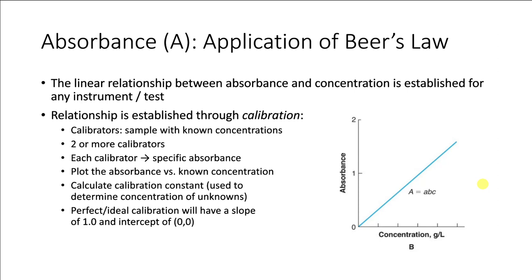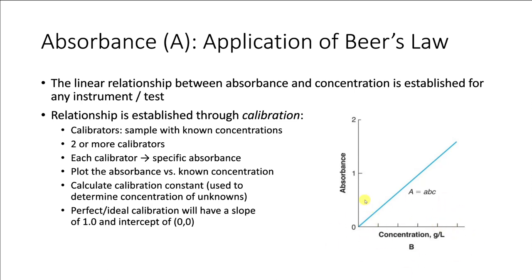They're two different things, and because they have two different reactions, I have to establish the relationship. This relationship is established through what we call calibration. Calibration just basically means that we are trying to generate this Beer's law in order to calculate the concentration of whatever it is that we're measuring.